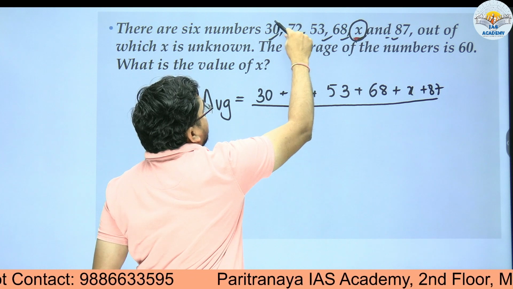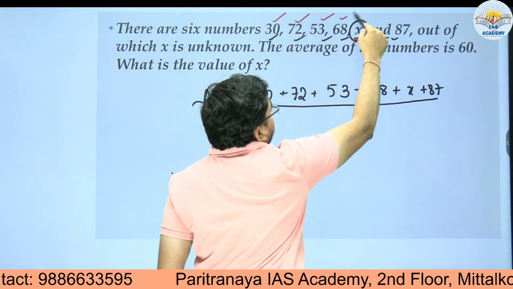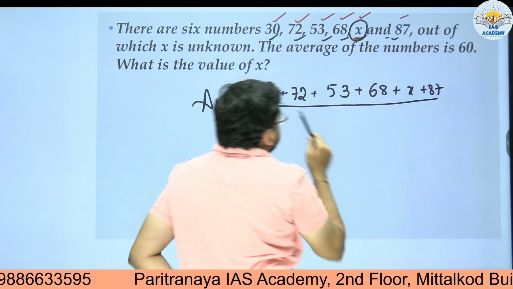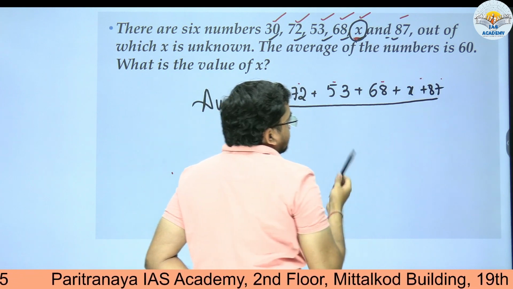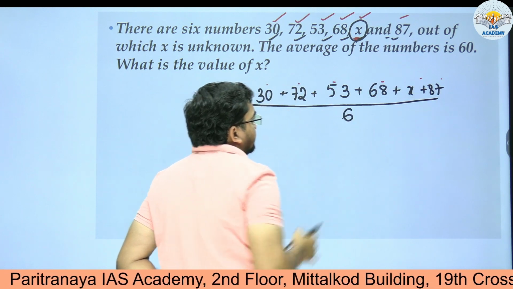How many are there? 1, 2, 3, 4, 5 and 6. 6 observations are there.